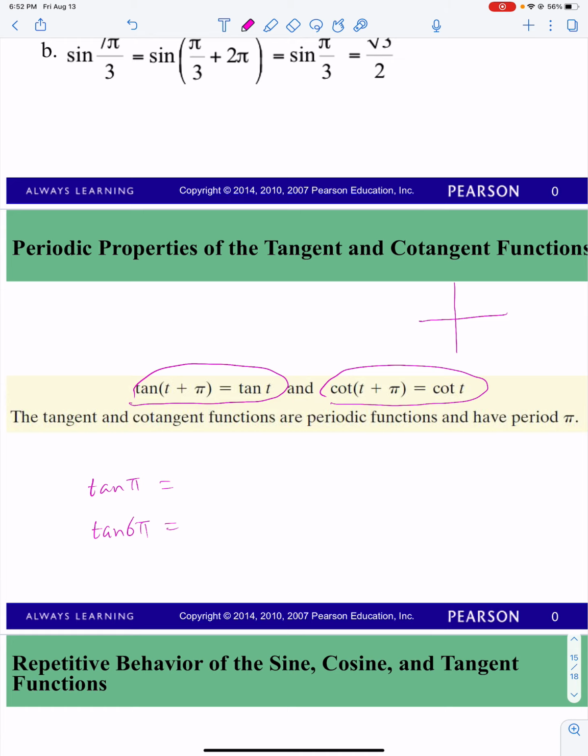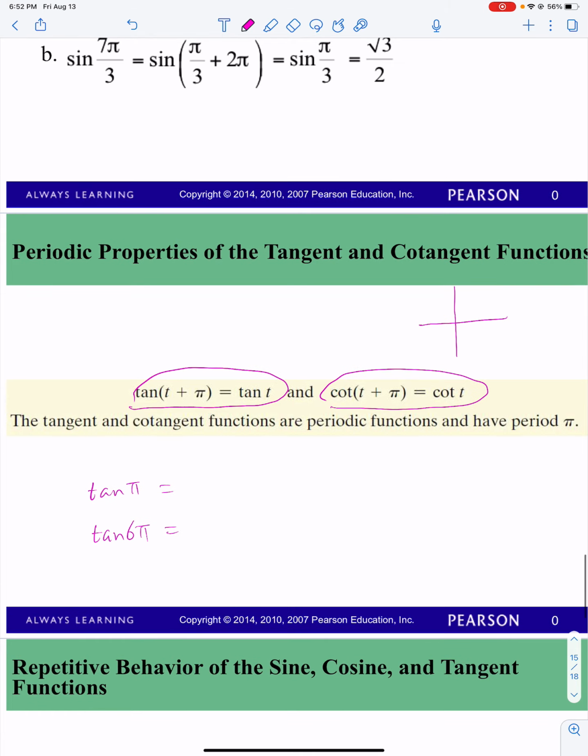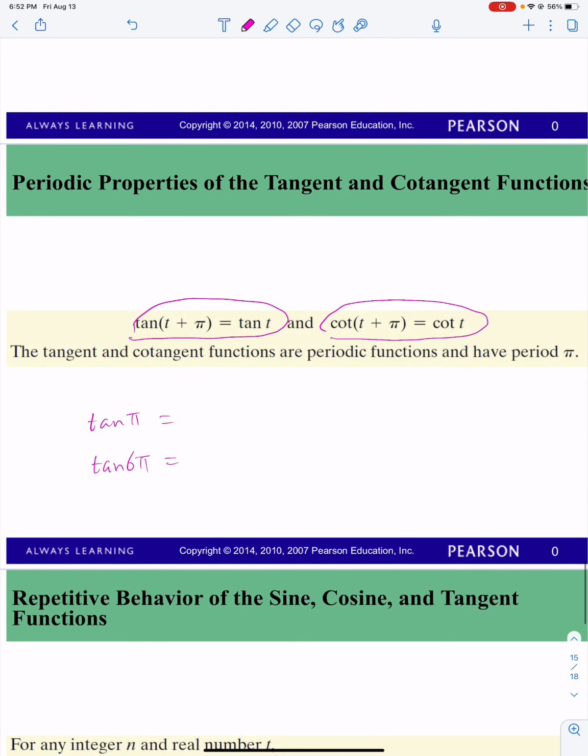Do you remember A, S, T, C? A is positive here, and then T is another positive. I think using this to explain it is hard, so I think we will save it for later when we talk about the graphs.